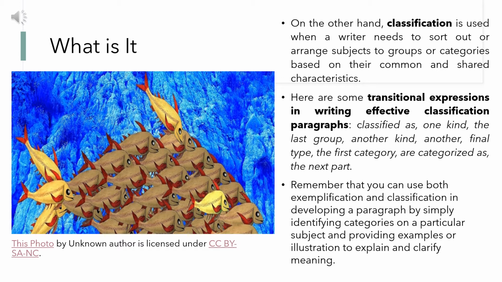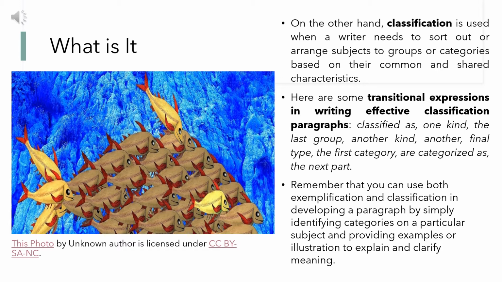So again, just like the exemplification type of paragraph, your paragraph will have a topic sentence, supporting details, transitional expressions, and concluding statement. But what makes it a classification paragraph is that you will notice there is sorting, arranging, grouping, categorizing of ideas in the paragraph that you are dealing with.